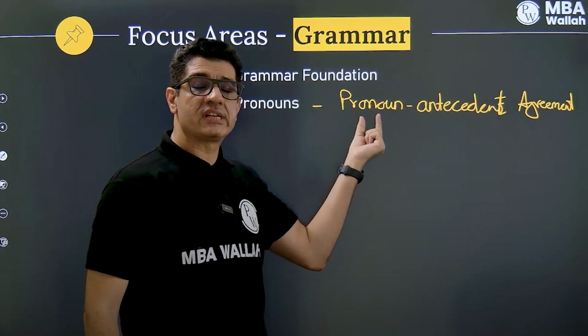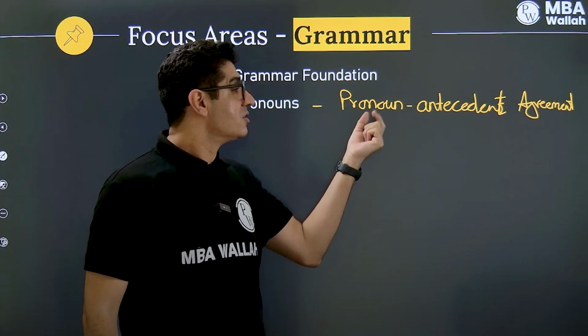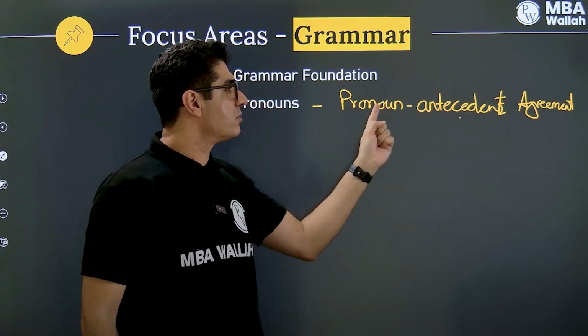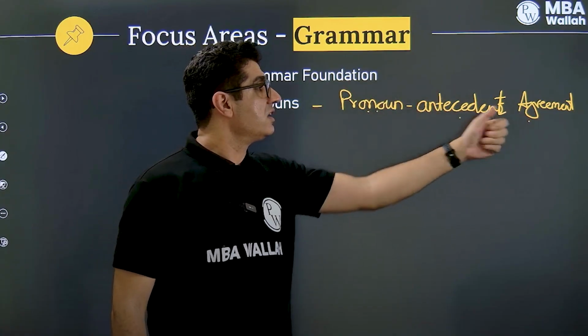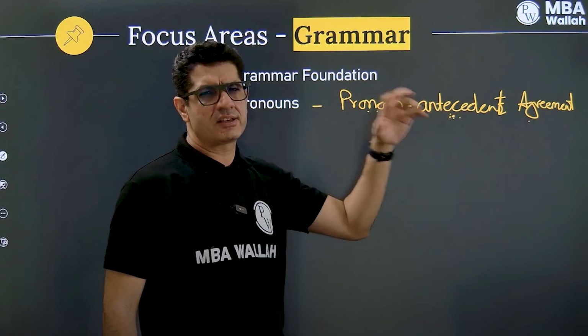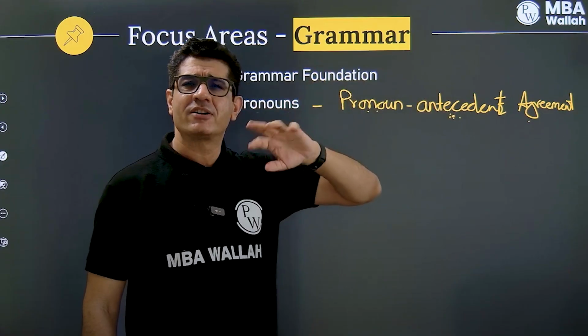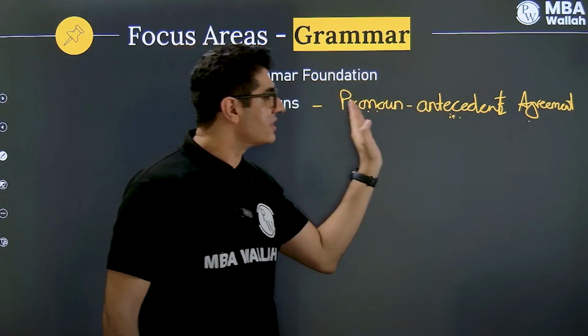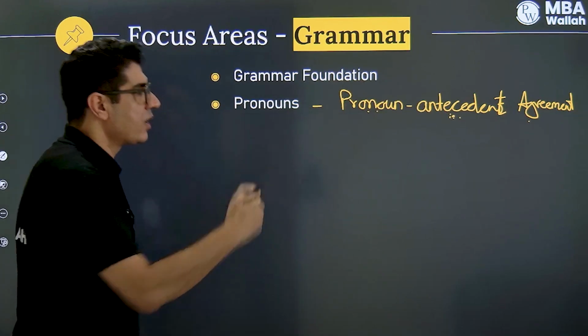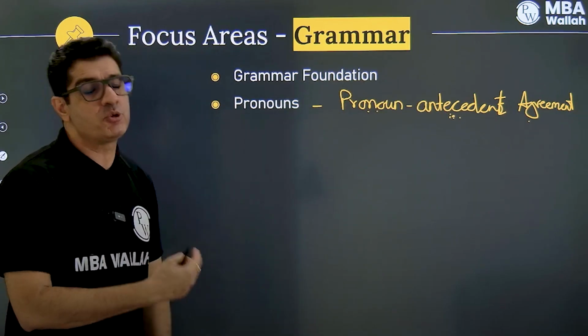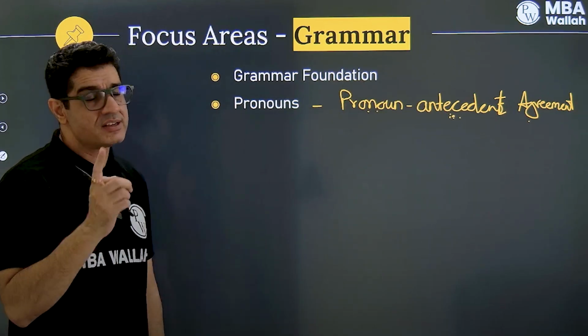A pronoun goes ahead and replaces a noun. So antecedent is the noun that the pronoun has replaced. So the pronoun should agree with the noun that it replaces in terms of number, gender, case. So that's an aspect that you want to become good at, because this is one of those areas that does contribute quite a few questions to our exams.